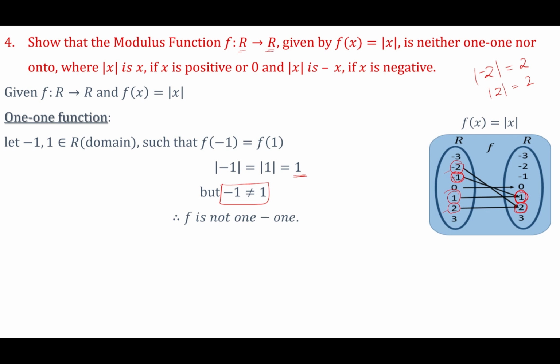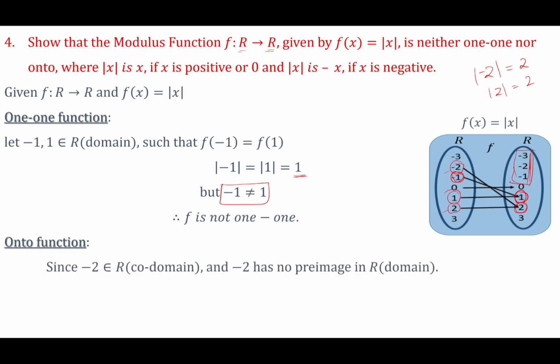Now, check for onto function. Onto function, just see the graph. I don't have any pre-image of negative values from codomain. So it is not an onto function.